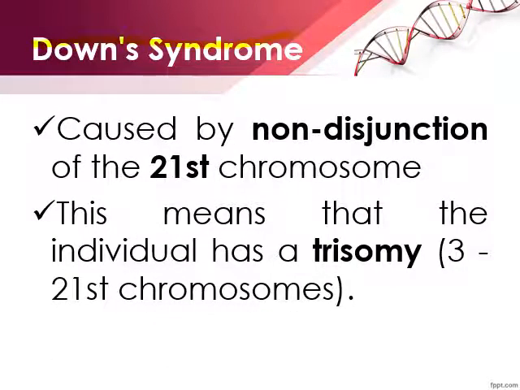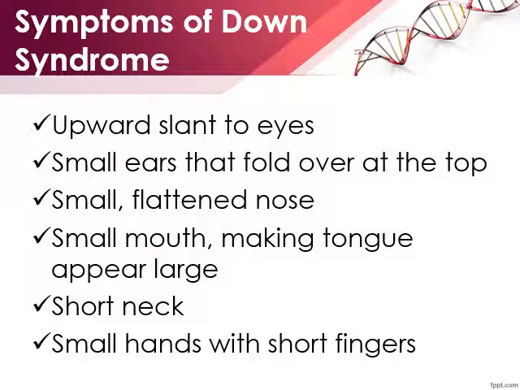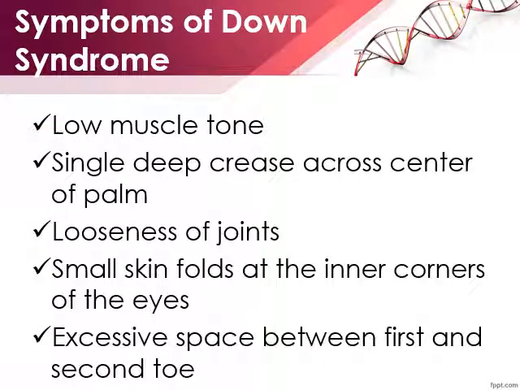So first, let's have Down syndrome. It is caused by nondisjunction on the 21st chromosome. This means that an individual has a trisomy of the 21st chromosome instead of the normal 2 chromosomes. So what are the symptoms? Upward slant to the eyes, small ears, small flattened nose, small mouth, short neck, and small hands with short fingers.